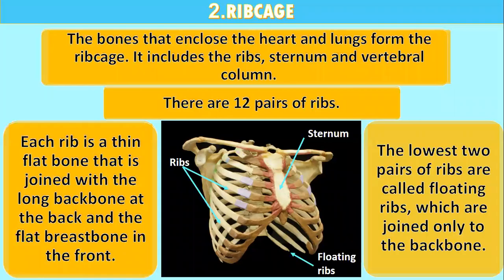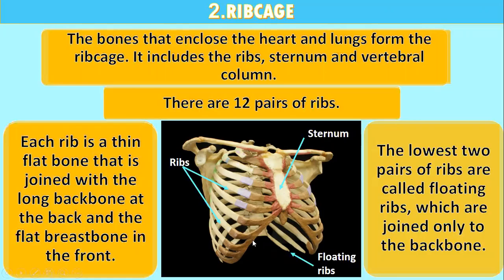Now each rib is a thin flat bone that is joined with the long backbone at the back. You can see that ribs are joined at the back to the backbone, and at the front region they are joined to one bone that is called breastbone or sternum.